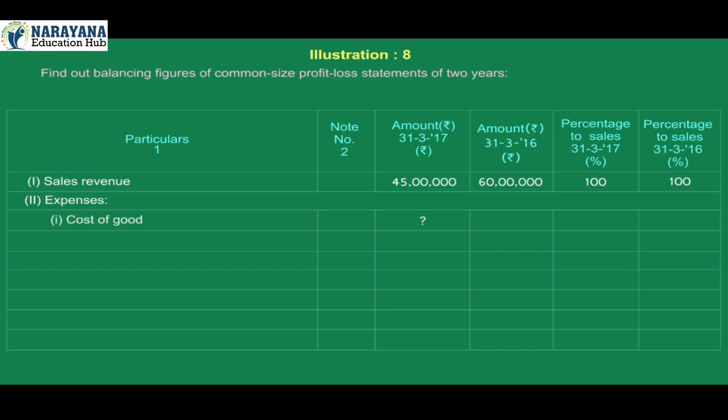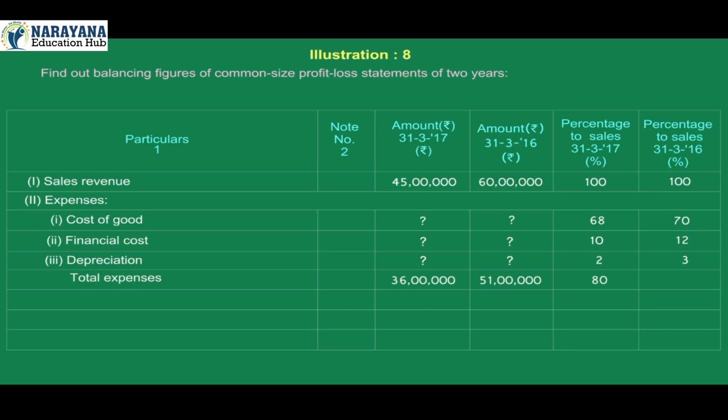Cost of goods, question mark, 68%, 70%. 2. Financial cost, question mark, 10%, 12%. 3. Depreciation, question mark, 2%, 3%. Total expenses, 36 lakh, 51 lakh, 80%, 85%.